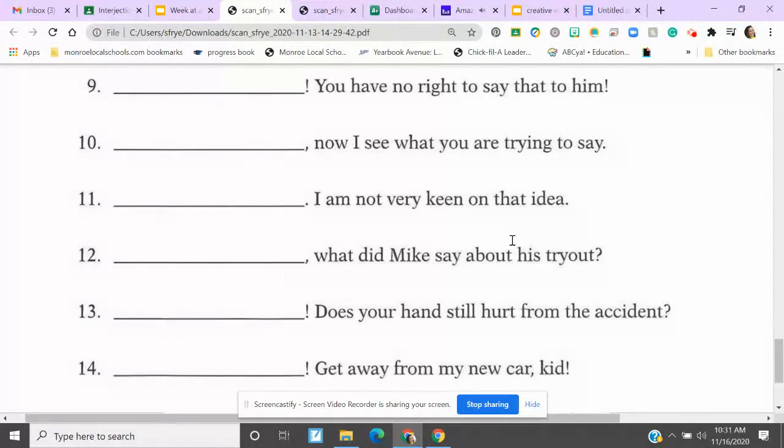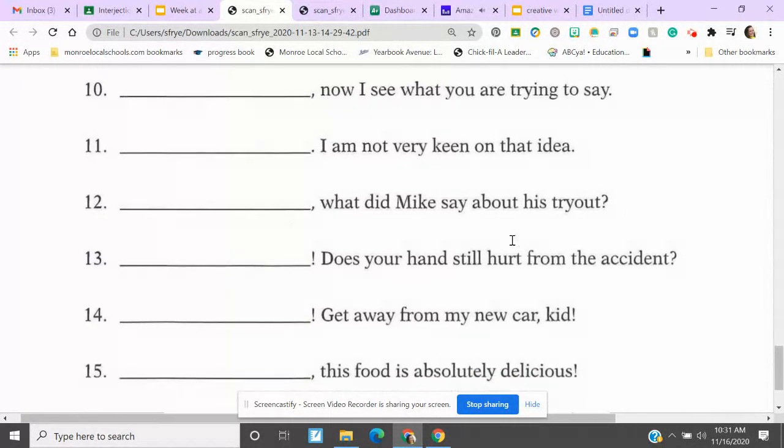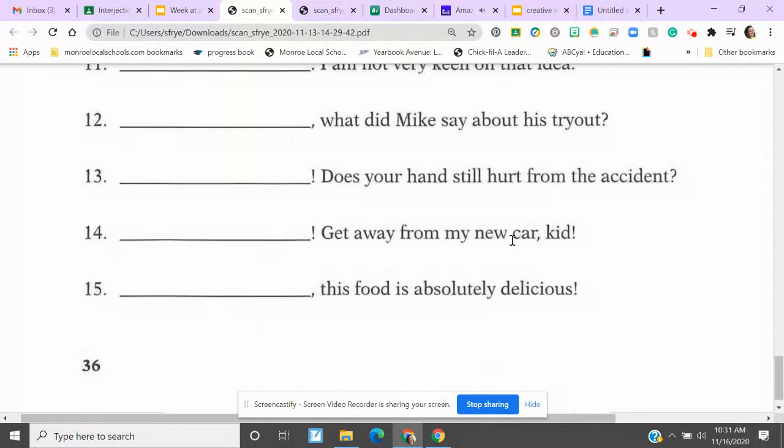Good one. And that was good emotion. You did a good job reading that. 11, Ingrid. Keen is like, I don't like that idea. It was a good one. 12. Good one. 13. Good. 14. Vanessa.